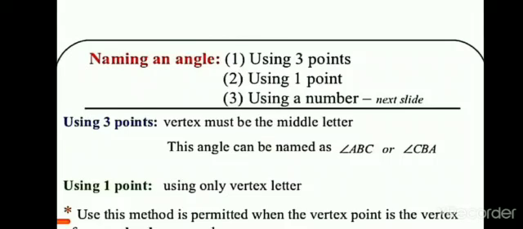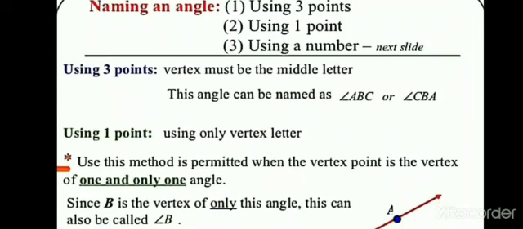Naming the angle: using 3 points, using 1 point, using a number. Using 3 points, the vertex must be the middle letter. This angle is named angle ABC or angle CBA.